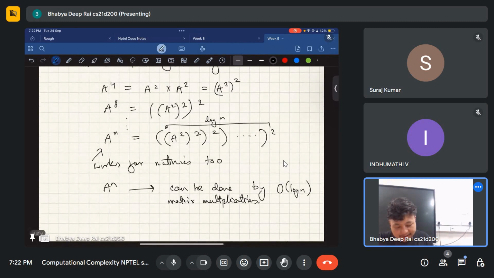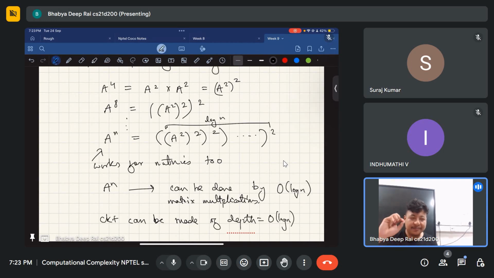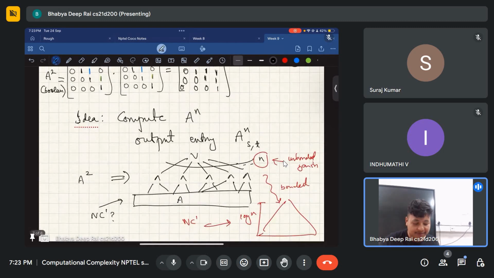So a to the n, the circuit can be made of depth, if I want to compute a to the n, I am powering log n number of times, so order log n layers, and each layer we already know by converting from unbounded to bounded, like we did here, which increases the depth by log n.